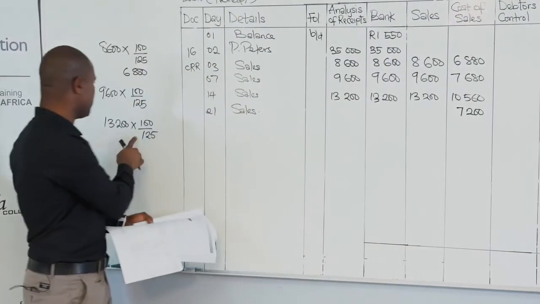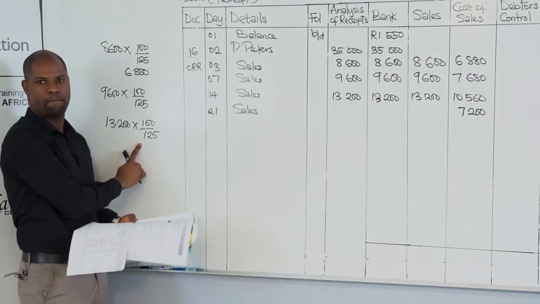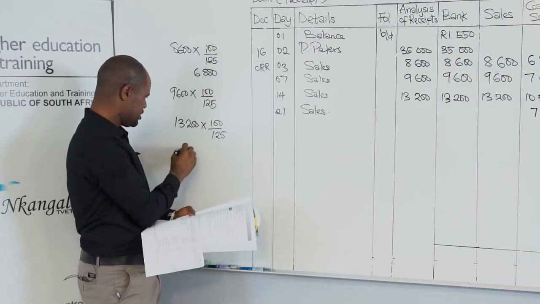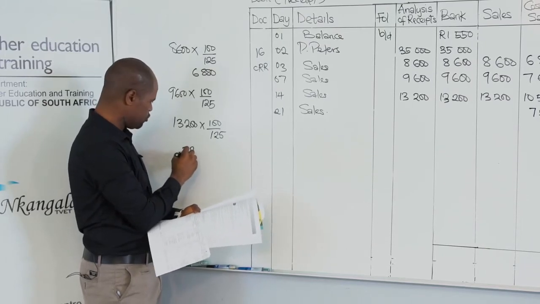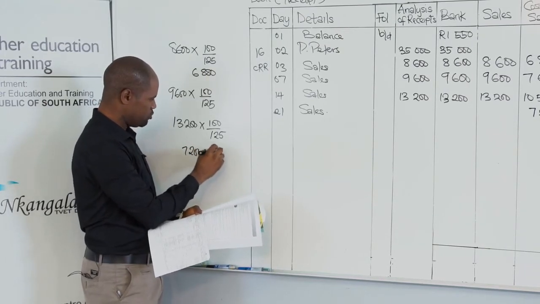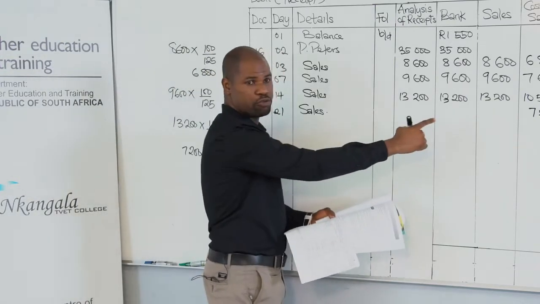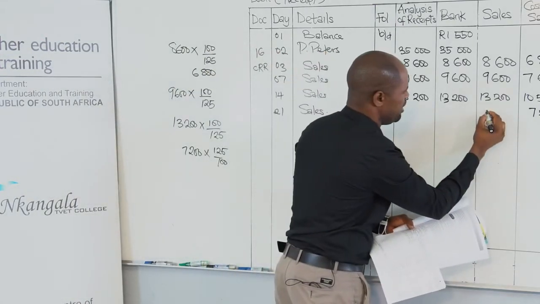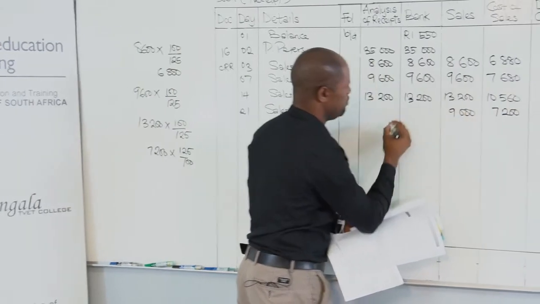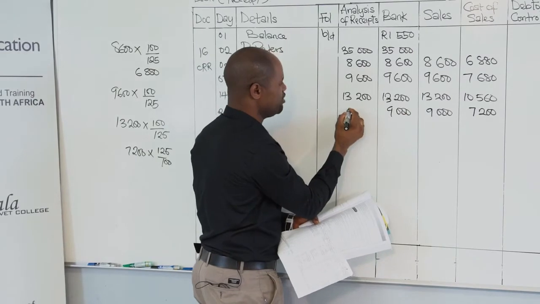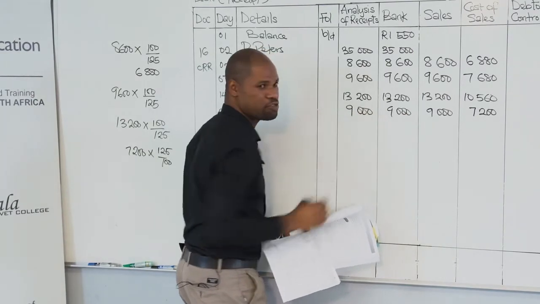It's going to be the reversal of this formula. We're going to reverse this formula, which is 7,200 times 125 all over 100. And that will give us 9,000. So here is going to be 9,000. Here is going to be 9,000. And then on the analysis of receipt, also 9,000.